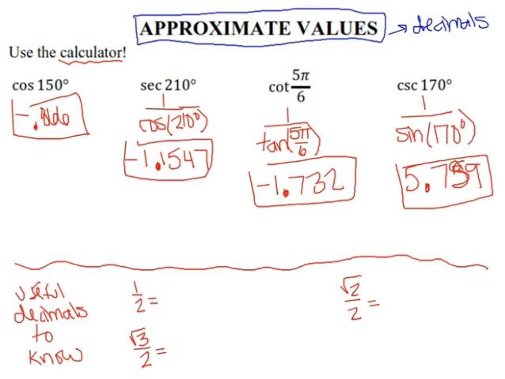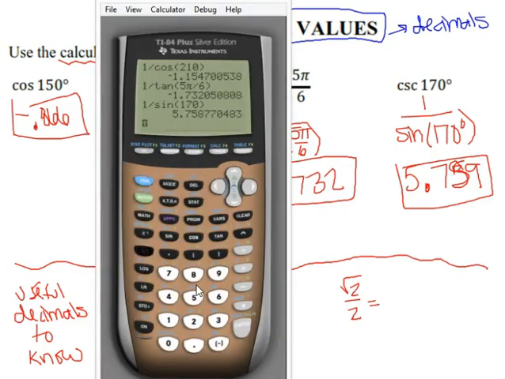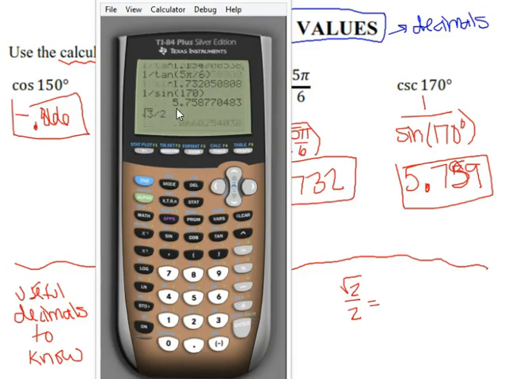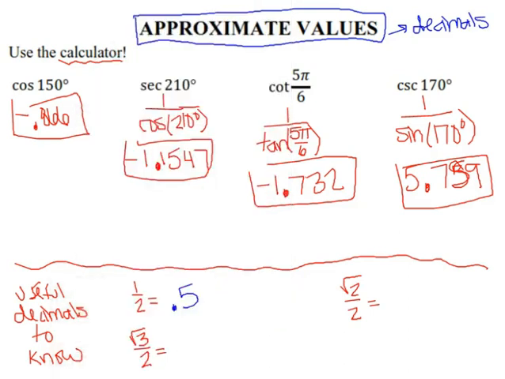So hopefully we already know that 1 divided by 2 as a decimal is just 0.5. But we can type in the square root of 3 divided by 2. And even though that's an exact value, square root of 3 over 2, the approximate value would be 0.866, we'll say.